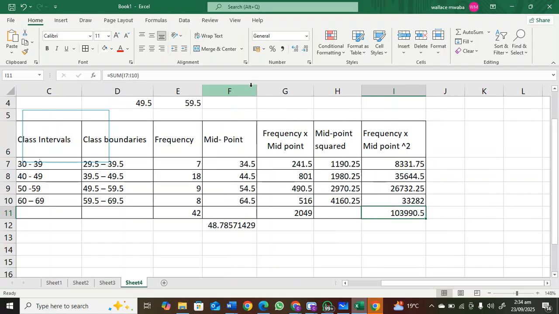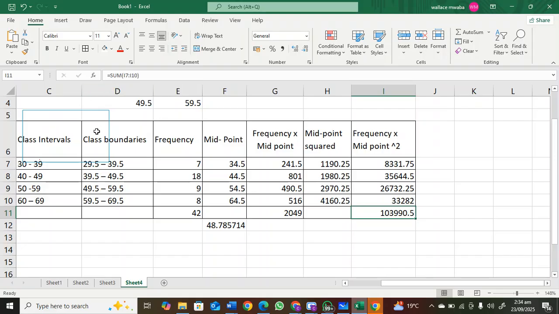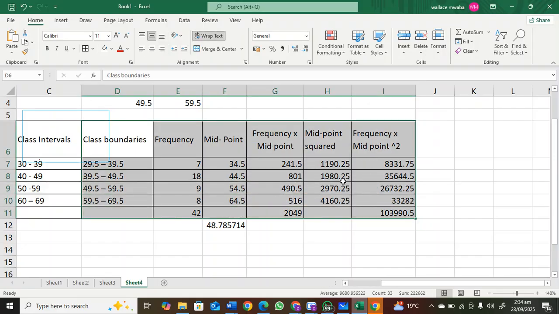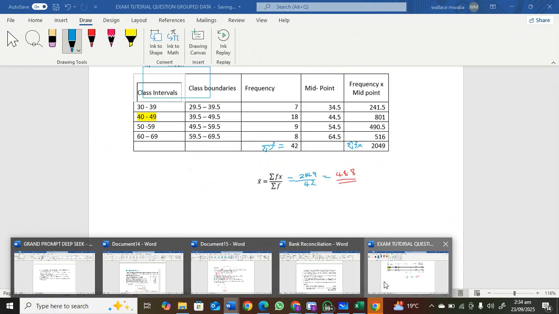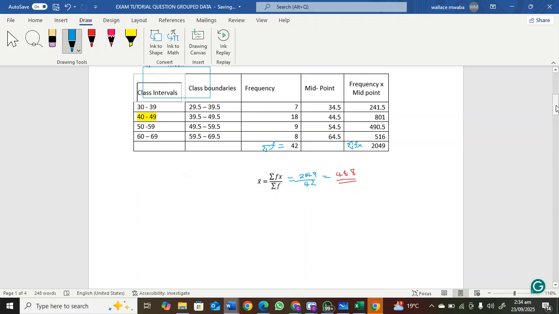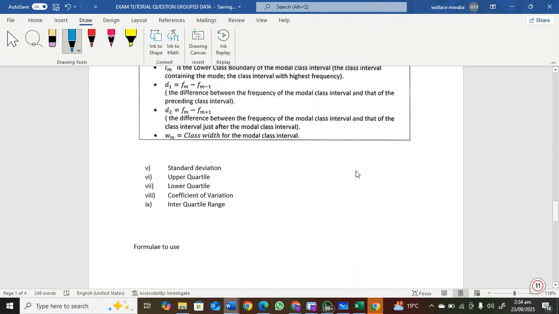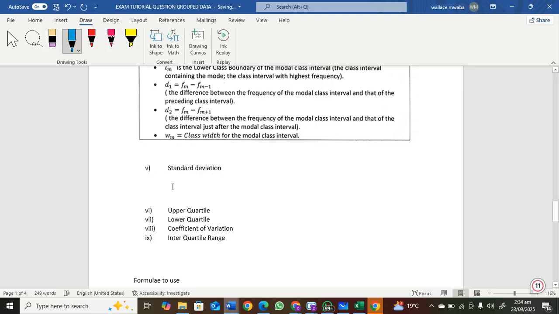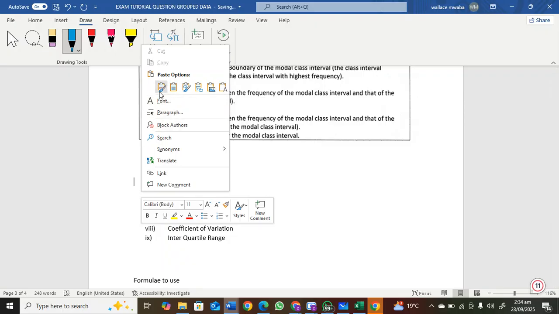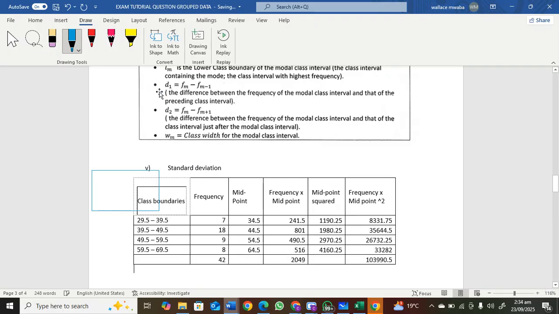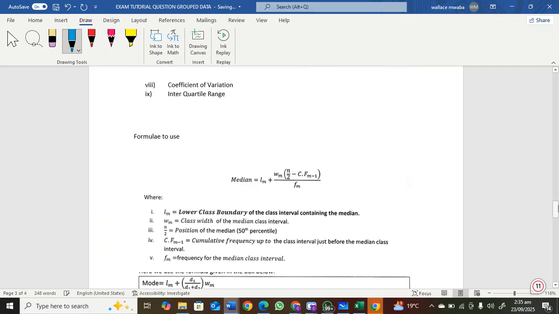Okay, so let me just take this back to Word. All right, the standard deviation. Let me get the formula for the standard deviation.